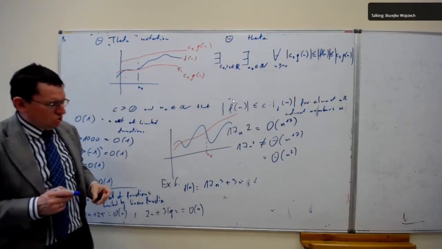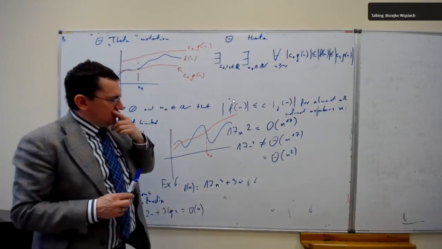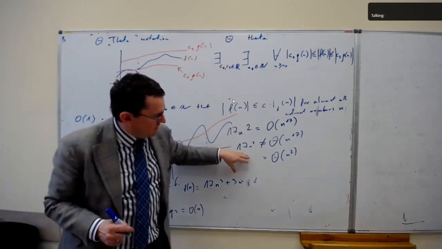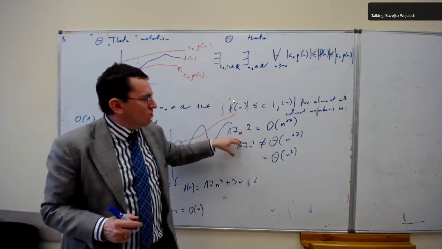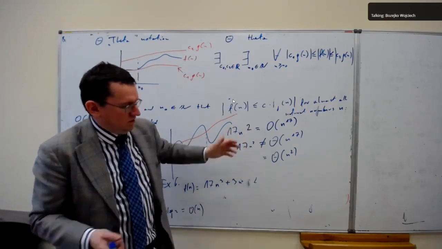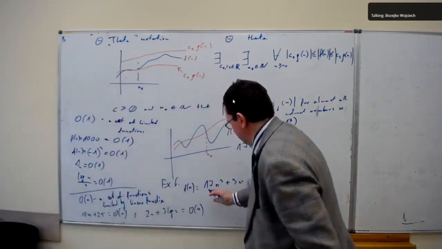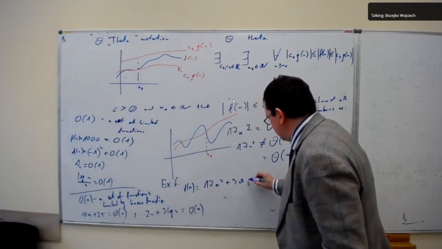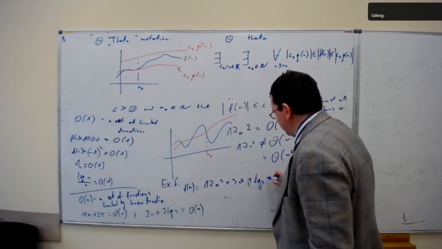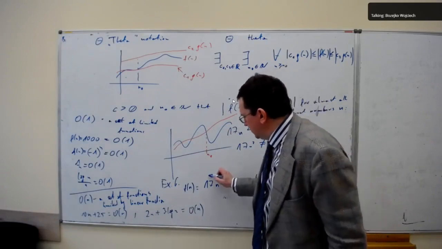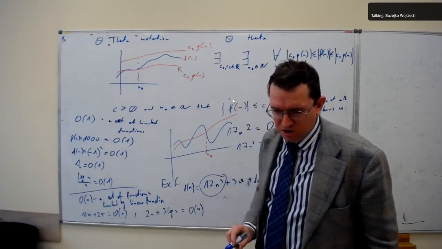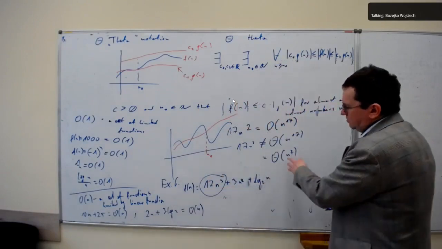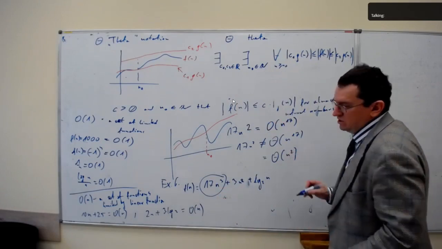This is quite intuitive, but it seems that if we take the fastest growing part of the function, as here, if we have, for instance, 17 times n cubed plus n squared plus some logarithm or something, we observe the fastest growing part, and this will be the notation in theta.